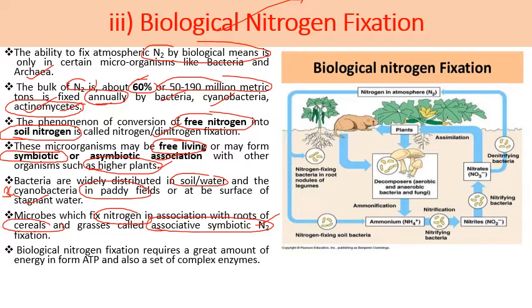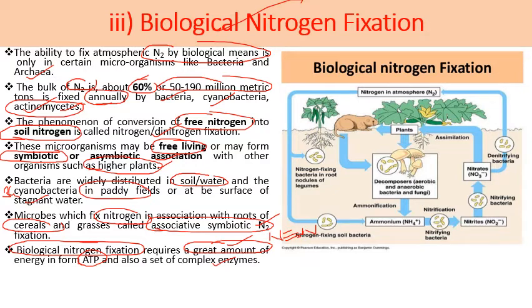Biological nitrogen fixation requires a great amount of energy. As we have already discussed, it is an energy consuming process because molecular nitrogen has a triple bond, and breaking it requires a very large amount of energy. So biological nitrogen fixation is a very expensive process. It requires a lot of energy in the form of ATP and also a set of complex enzymes.